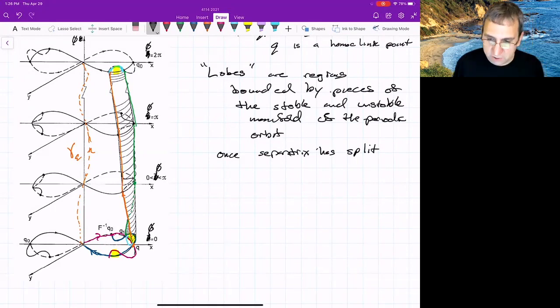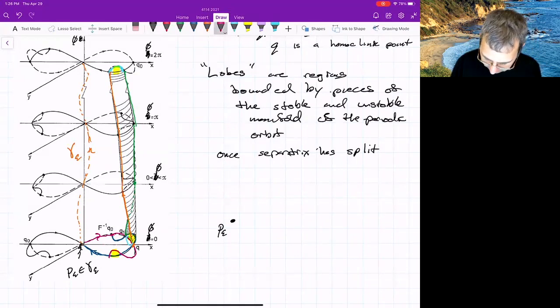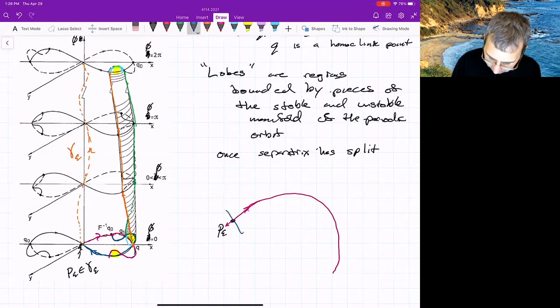But once the separatrix has split, what do we have? We'll call this point P epsilon, just on the periodic orbit. So here's P epsilon. And then we've got the unstable and stable manifolds that are doing things. Here's the stable manifold, and these might lose symmetry too, but they'll intersect somewhere.